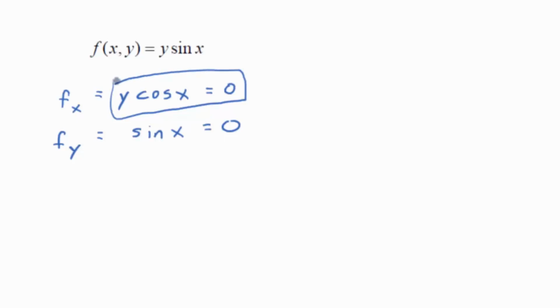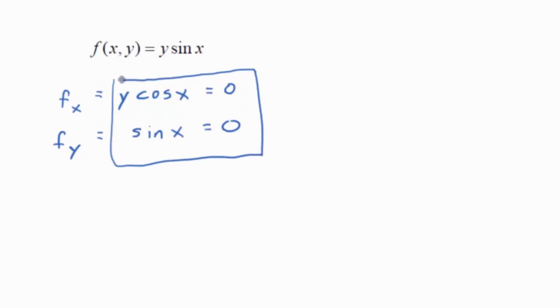Let me restate that question. When are these going to both be equal to 0 at the same time? Definitely y equals 0 would be helpful, right? That would definitely get the top equation equal to 0.